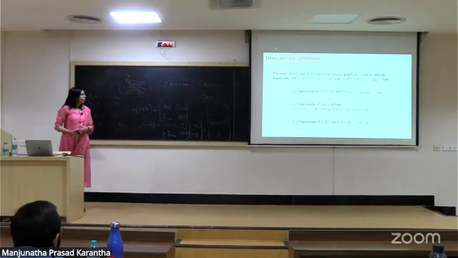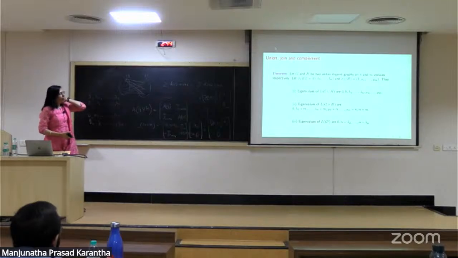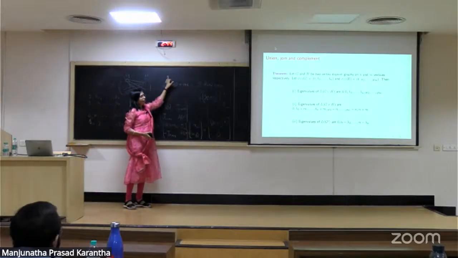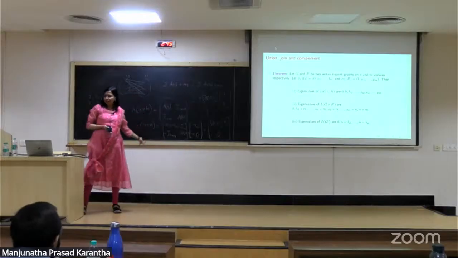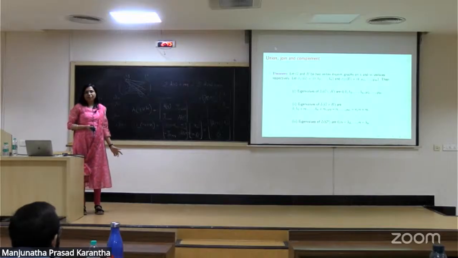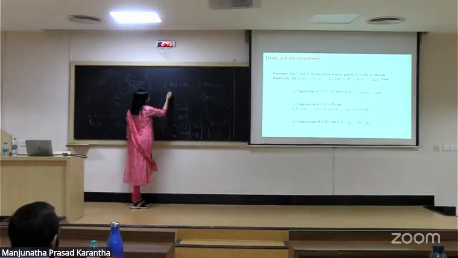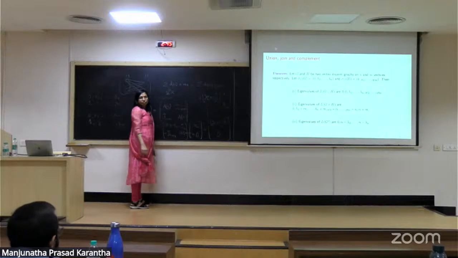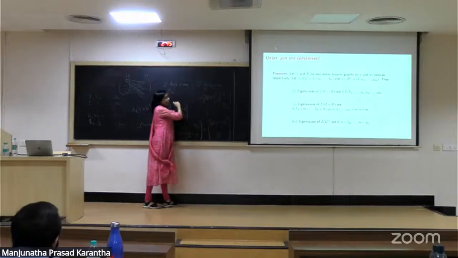Okay. Now you already have those eigenvalues, and those eigenvalues are covering lambda 2 to lambda n. This is the sum of all eigenvalues of your join graph, and that is lambda 2 to lambda n.